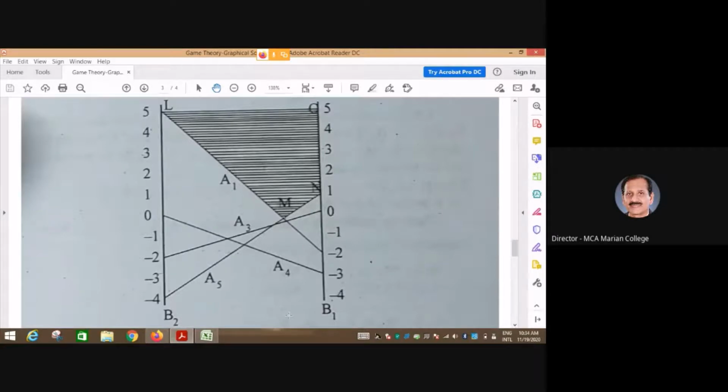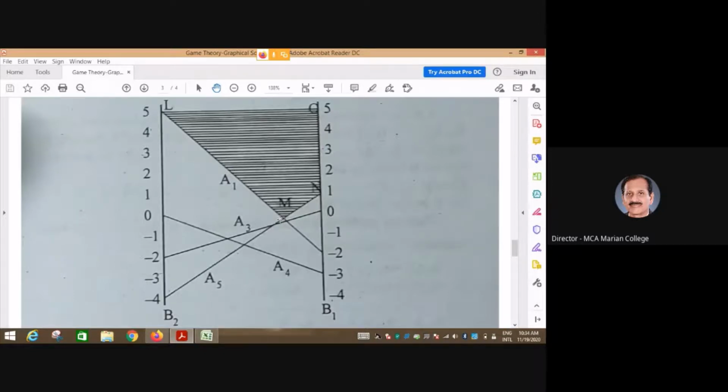Now we are solving this problem from the point of view of player B. So we can see that the upper boundary of these lines gives the maximum of the loss. Upper boundary of this is the maximum of the loss to player B. And the lowest point of this upper boundary is the minimax point.